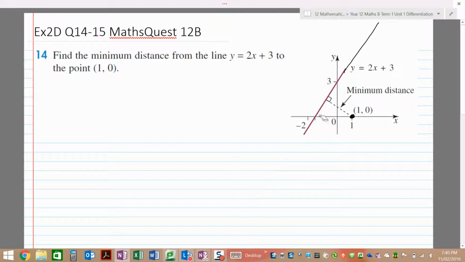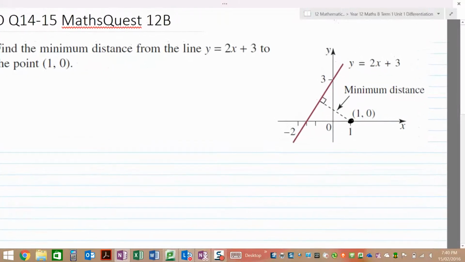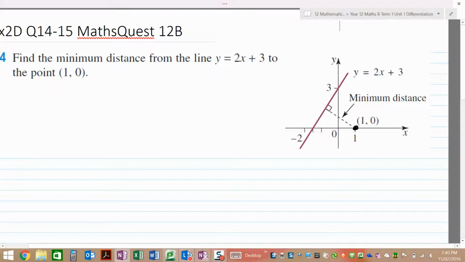The way we're going to do this is consider the coordinates of just some random point. I'll put the point here. The coordinates of this point: I'm going to make the x coordinate just x, and instead of having the y coordinate as y, I'm going to have this coordinate as 2x plus 3.